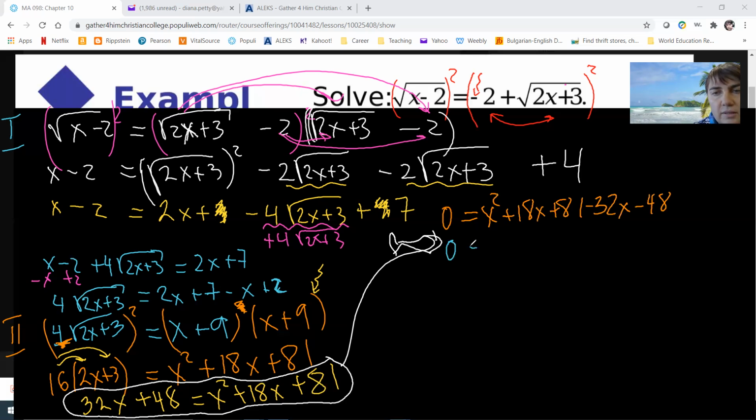Mariana, do you understand? Yeah, it's a lot. Okay. So x squared. Then let's see like terms. 18x and minus 32x. What is 32 minus 18? It's like 14. Is it 14?